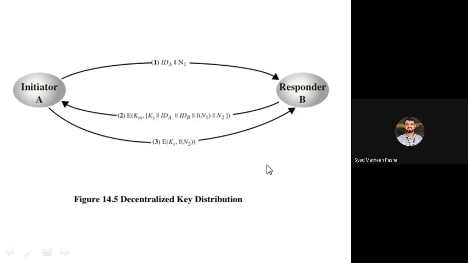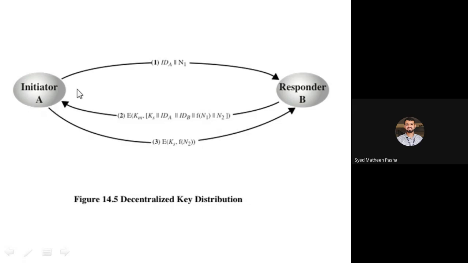When I compare key security with respect to the KDC, the security is lesser. So this is one part you should remember, the difference between using a key distribution center and not using one.